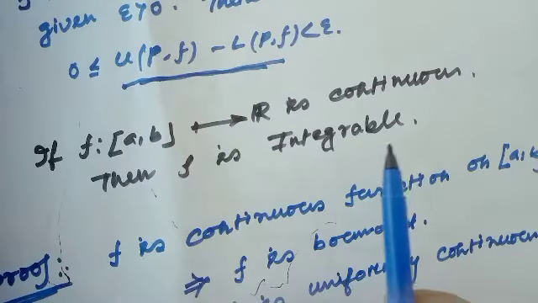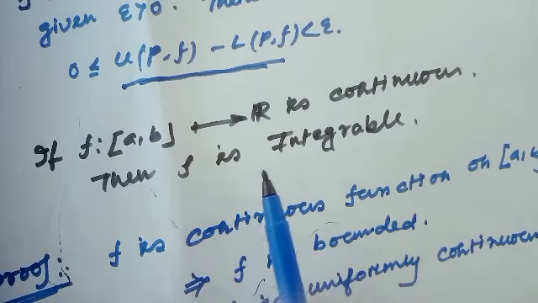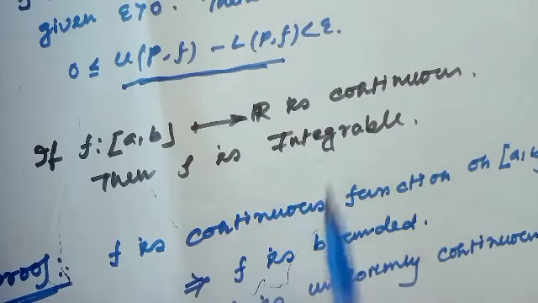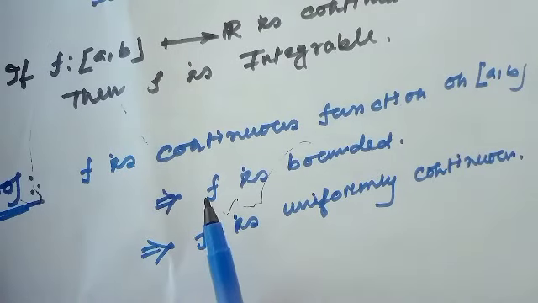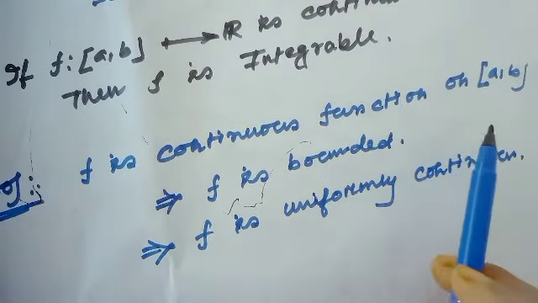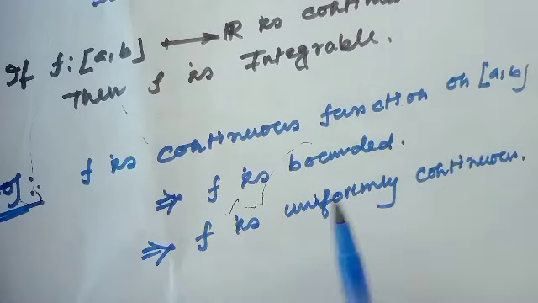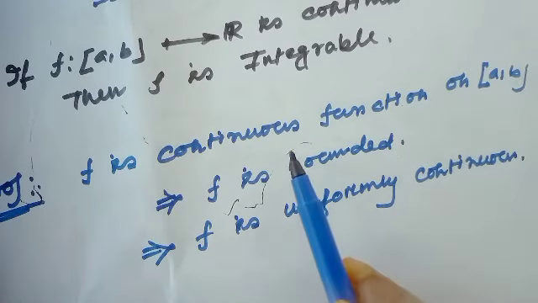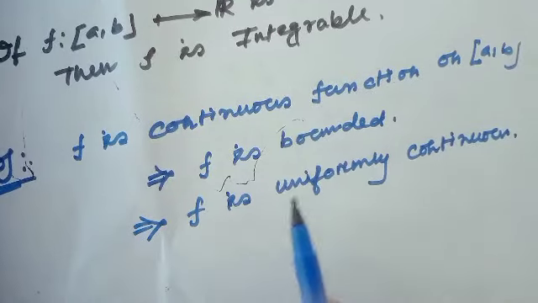If a function is continuous on the closed interval [a,b], then that implies f is integrable. And the proof is of this type. f is a continuous function on the closed interval [a,b], and since f is continuous on [a,b], f is always a bounded function. Since f is continuous and bounded, obviously f is uniformly continuous.